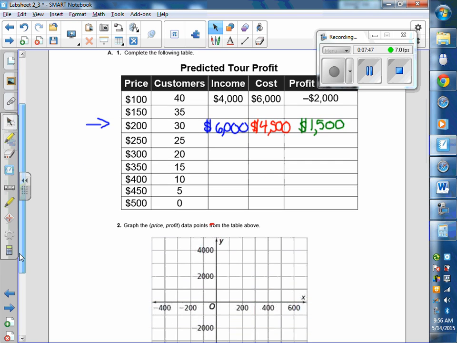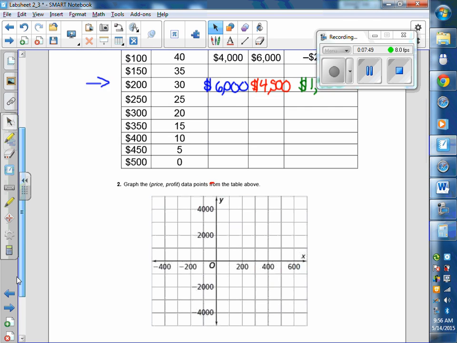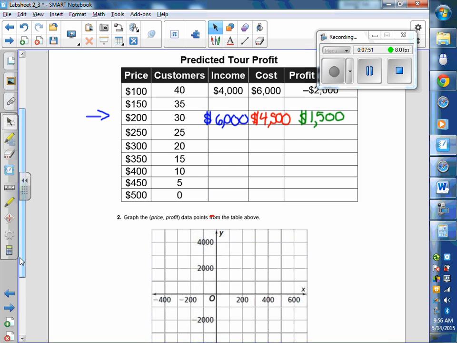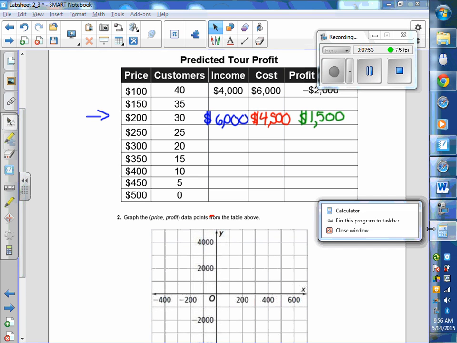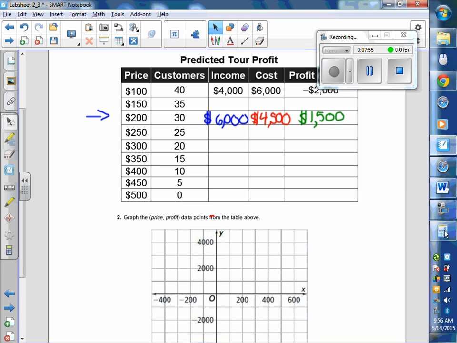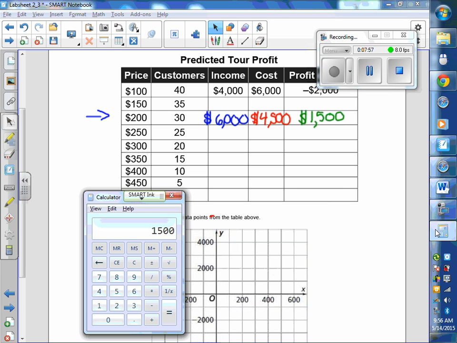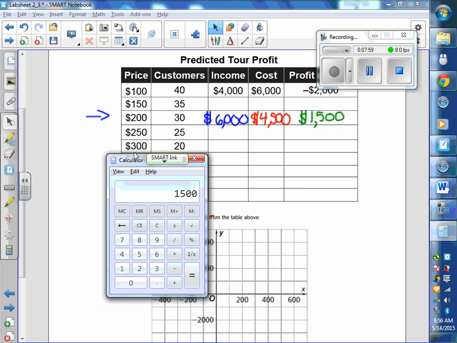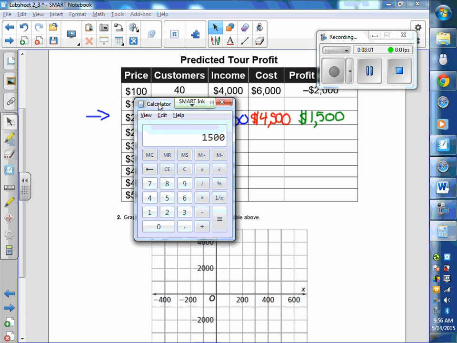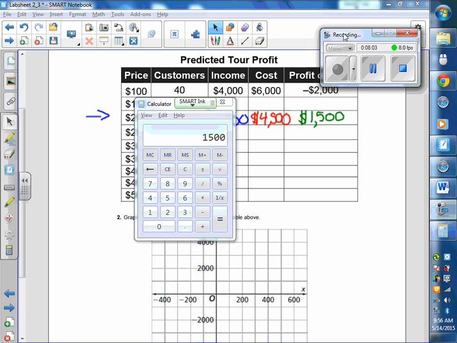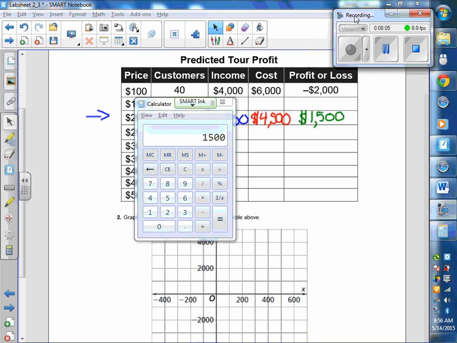So the interesting thing about this chart is, when you look at the top row, if they have a price of $100, 40 people say they will come, but they're only going to bring in $4,000.